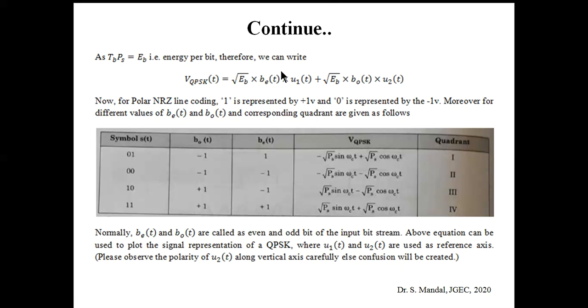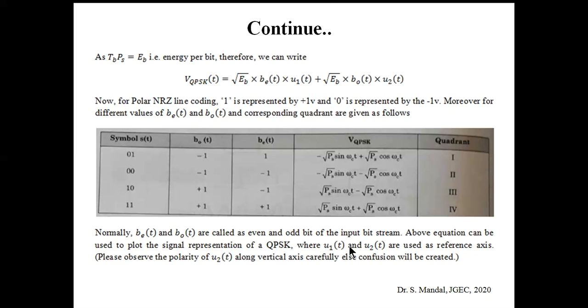This equation, or this table, can be used to plot the signal space diagram of QPSK, where u1(t) and u2(t) are used as the respective reference axes for the orthonormal basis functions, which are perpendicular to each other.